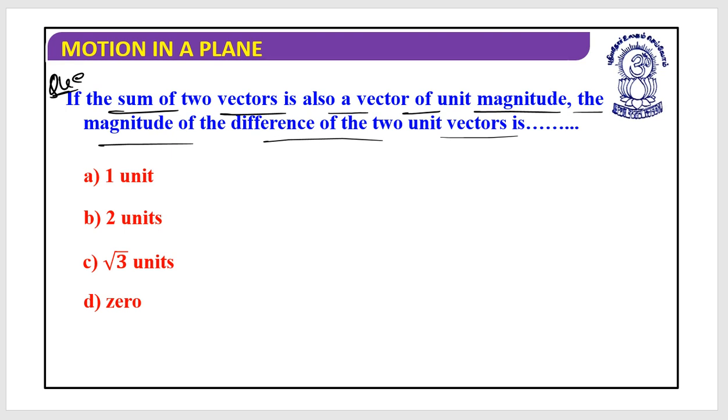So how can you do this? They say if the sum of the two vectors is also a vector of unit magnitude. So first you need to find out what would be the angle between these two vectors.